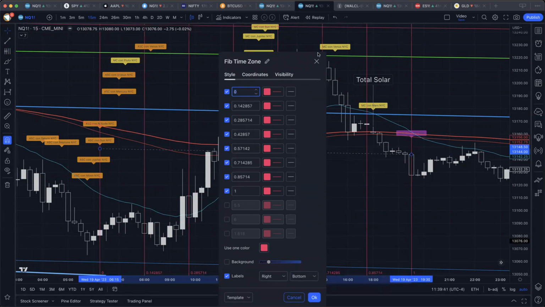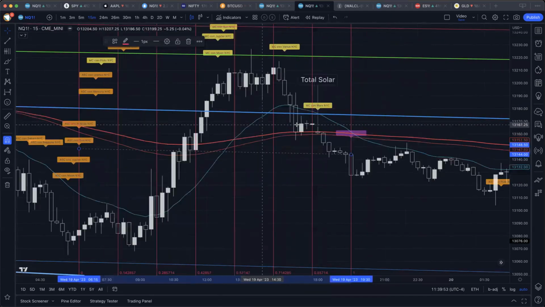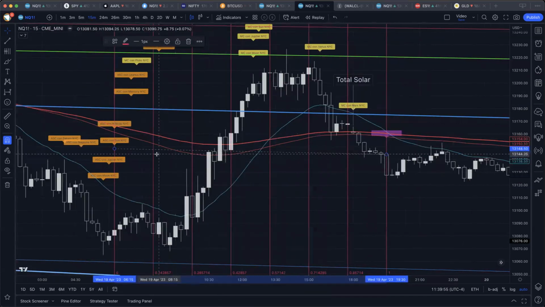You can use fibs, you can use eighths, whatever harmonic of the day that you want to use, and you can then divide the price action into fractions of daylight. 618 is useful, of course, and halves is also useful. So however you want to chop it up, it's very good.